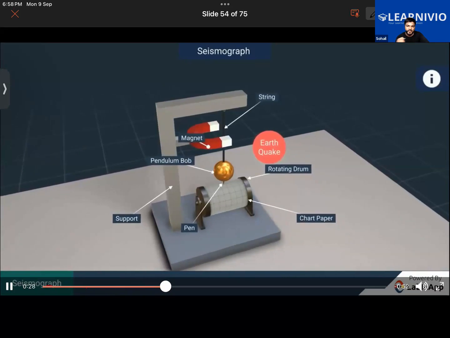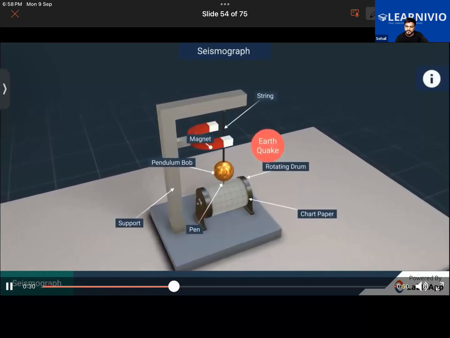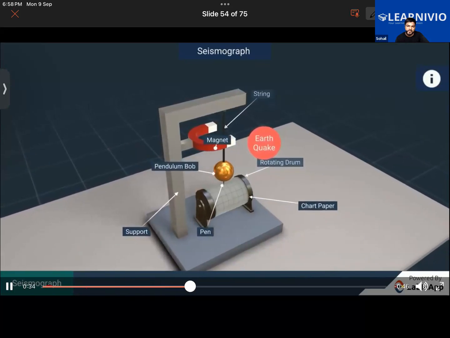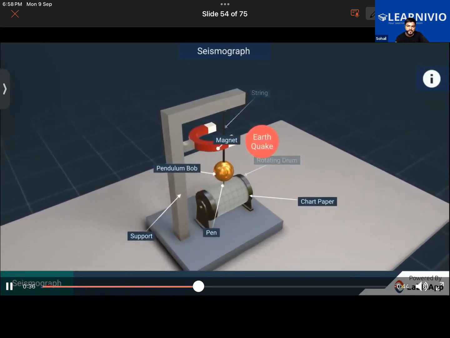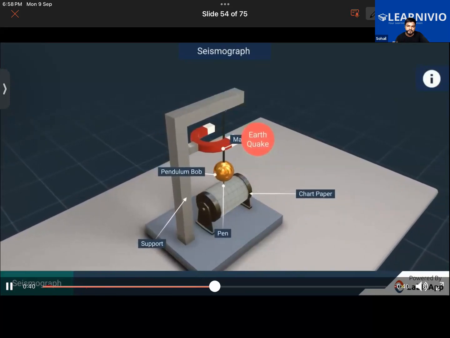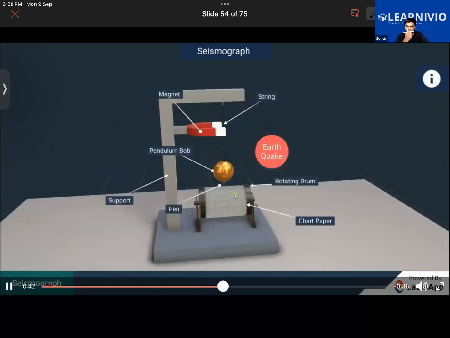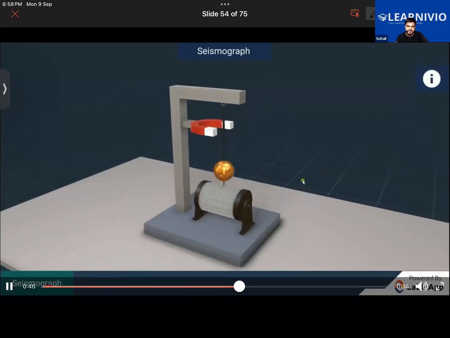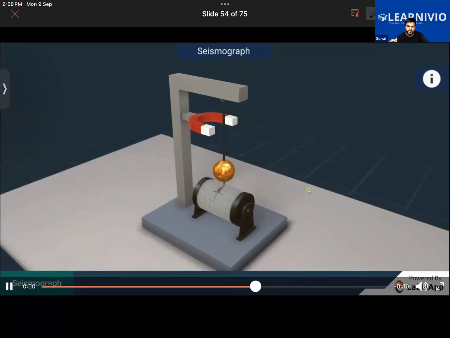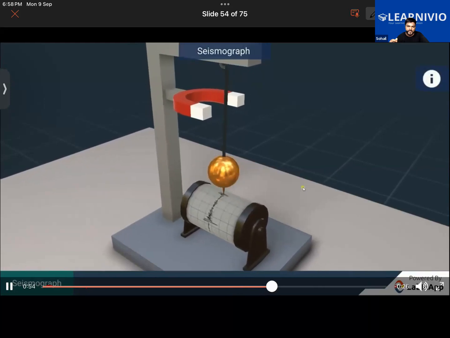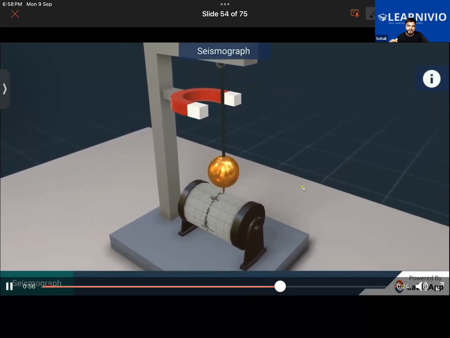A pen or a marker is attached to the vibrating system. The pen records the seismic waves on a paper which moves under it. Trigger a mock earthquake on the table to see the seismograph in action. We can see that the pendulum tip records the earthquake on a graph sheet. In this activity, we have seen the recording of seismic waves caused by earthquakes.